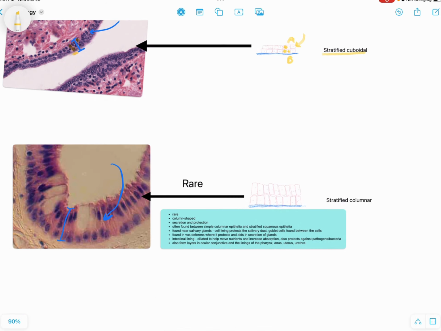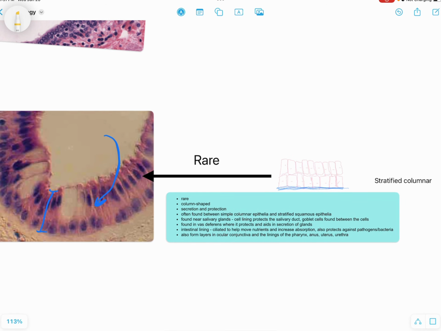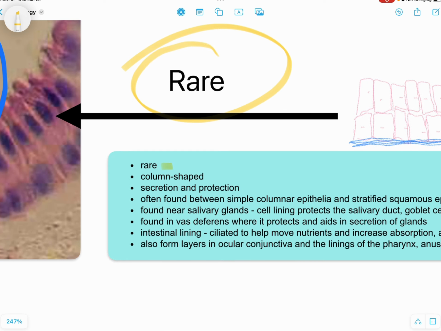Now, let's go to one of the last ones that we're going to look at with epithelium. And this is a stratified columnar. Now, this is actually rare. You don't see this too often. And look at some of the criteria. It's rare. It's column-shaped. This is where I see secretion and protection.